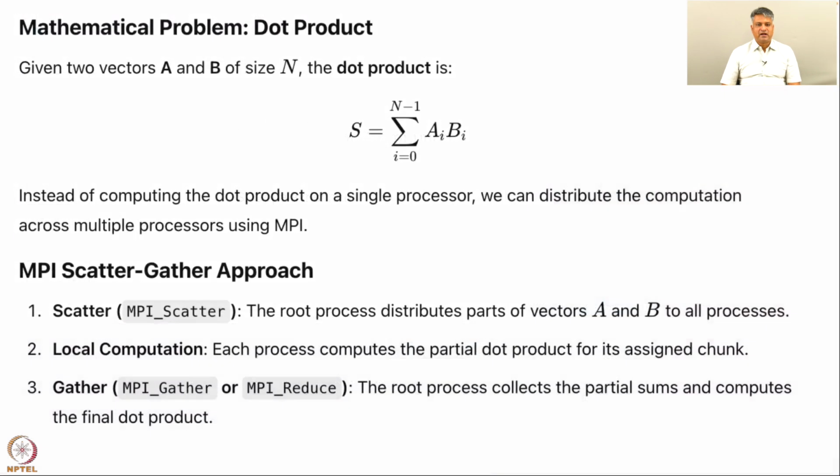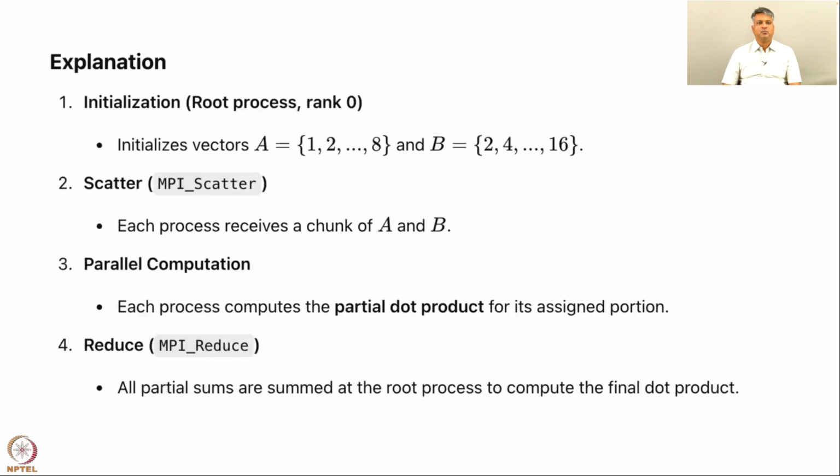Now let us just go back and review what we had done with the mathematical dot product. So here is the explanation. We had started with initialization: the root process with rank 0 initializes the vectors. The vector A is initialized as 1, 2, 3, 4, and so on till 8. The vector B is initialized as 2, 4, 6, and so on till 16.